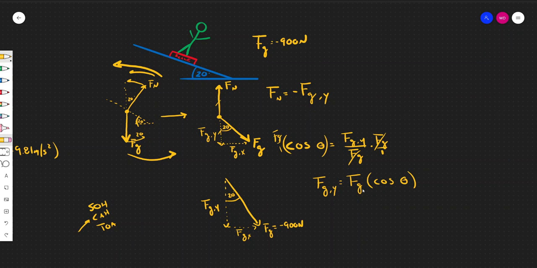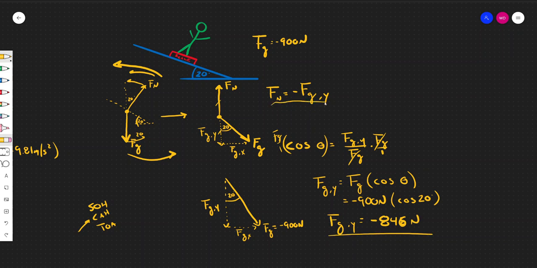Okay, so if I look at my picture here, the force of gravity is negative 900 newtons times the cosine of my angle, which is 20 degrees. The cosine of 20 gives me 0.939. Take that times negative 900, and I end up with negative 846 newtons, rounding.